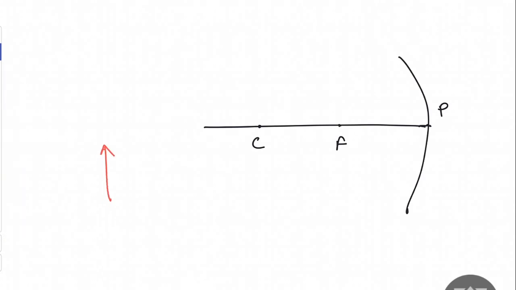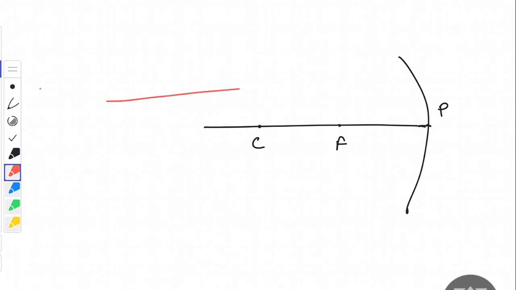Let us say it was somewhere here. Now I am moving this object back. It keeps going. Now it goes to infinity. You can't see it, right? But even though it has gone to infinity, it can send rays from there. It is very far, but it's sending some rays.